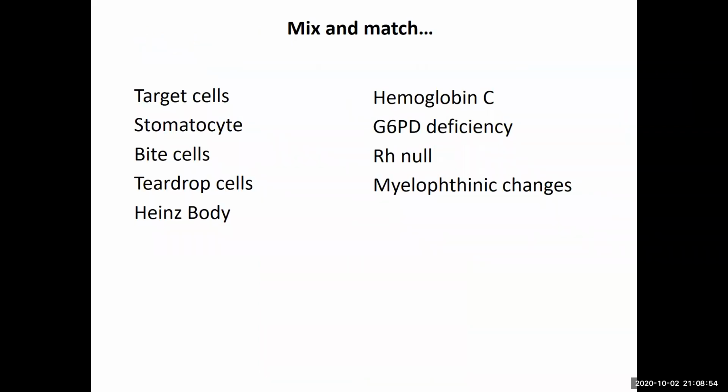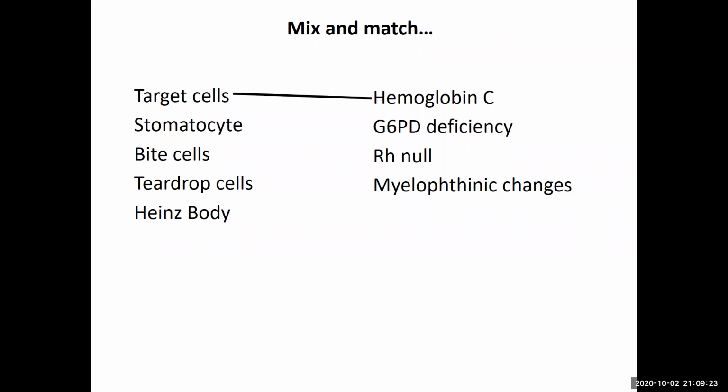So what conditions or cells are associated with on the left? So target cells, do you guys know what it's associated with? Thalassemia. Yes, but something from the right side of the column. Very good, but yeah, something from the right. So it's actually associated with hemoglobin C. Stomatocytes, anybody know what it's associated with?